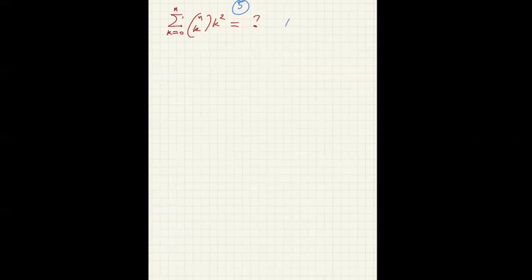Try to find a closed formula on the right-hand side, using the binomial formula, and also try a combinatorial way in which you count what we have here, similar to what we did before, and see what result you get.